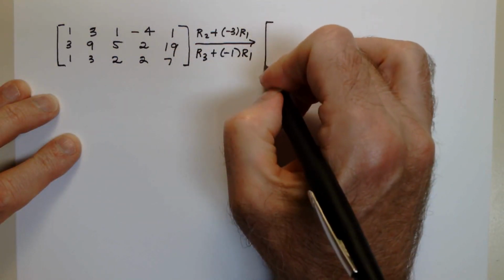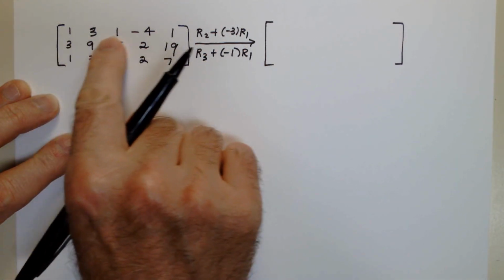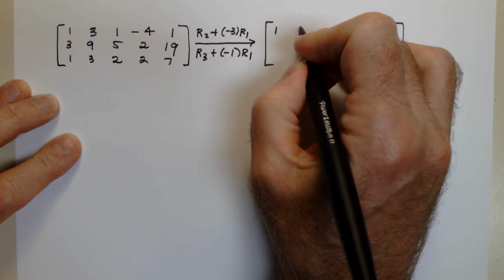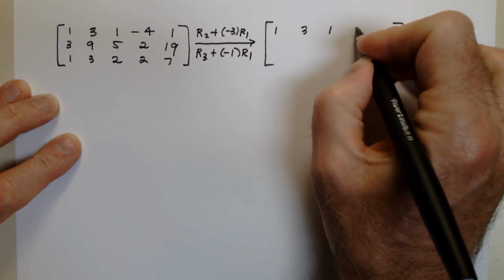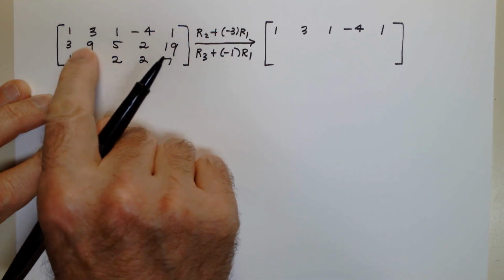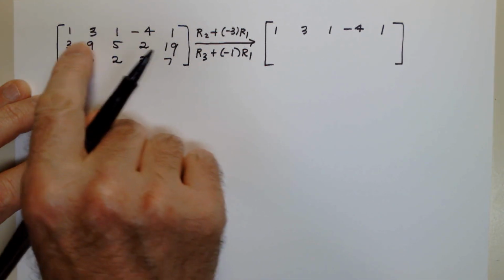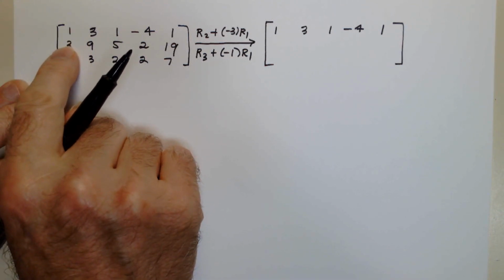All right, my new matrix. The only row that's not changing is row 1, so let me write that one. 1, 3, 1, -4, and 1. Now there are going to be changes in row 2 and row 3, so let's take a look at the change in row 2. Remember, I'm multiplying by -3 and adding down.